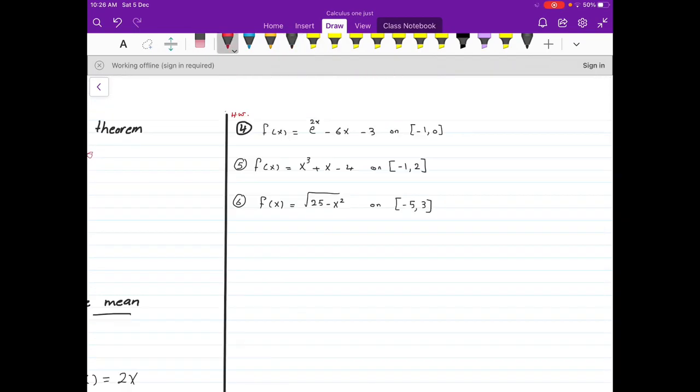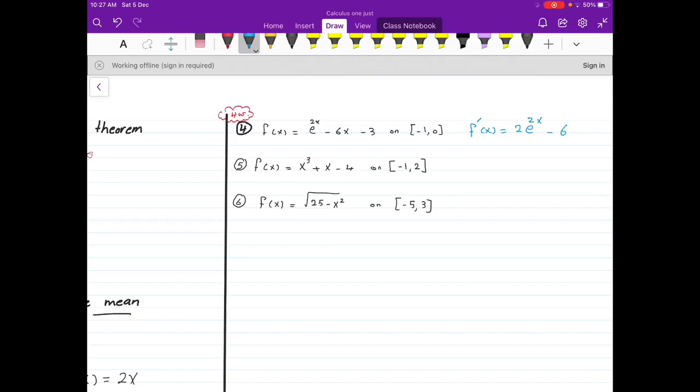حاول homework to practice أكتر على نفس الفكرة المين value theorem. f of x = e to the power 2x - 6x - 3 on the interval -1, 0. This function continuous, differentiable on the open interval. What is f prime x? f prime x = 2e to the power 2x - 6.